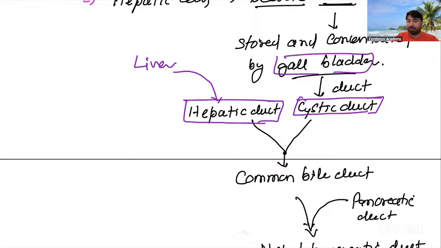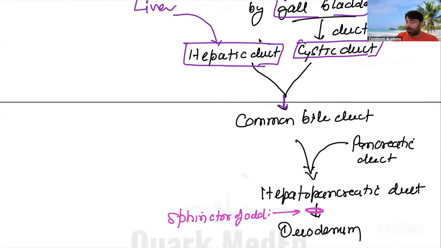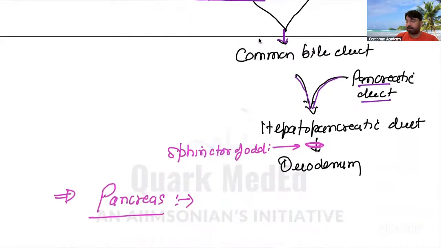They join together to form the common bile duct, and the common bile duct and the duct from the pancreas, that is the pancreatic duct, join together to form the hepatopancreatic duct.